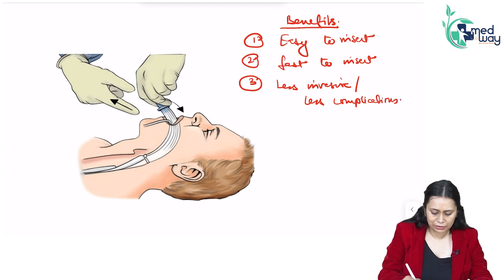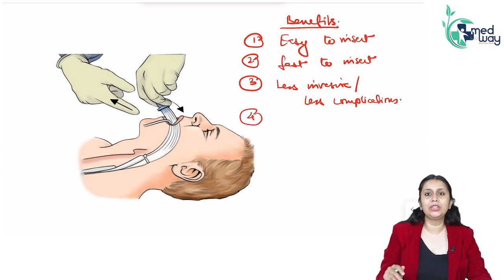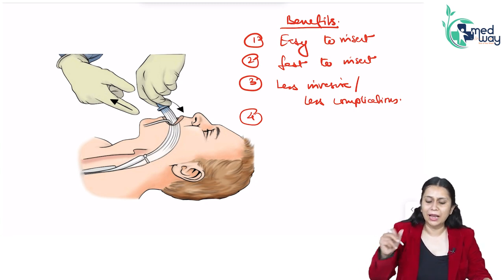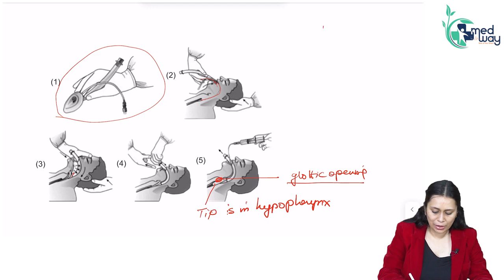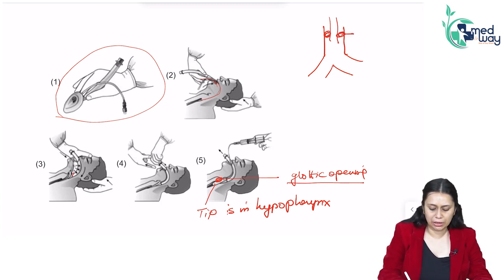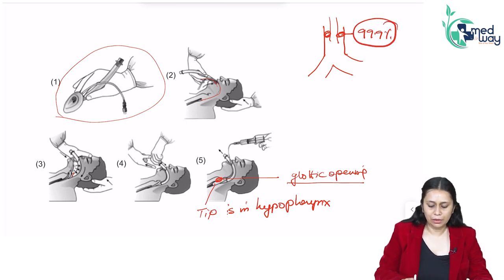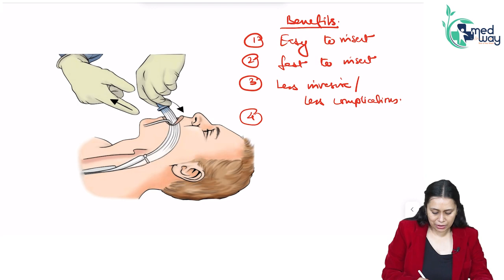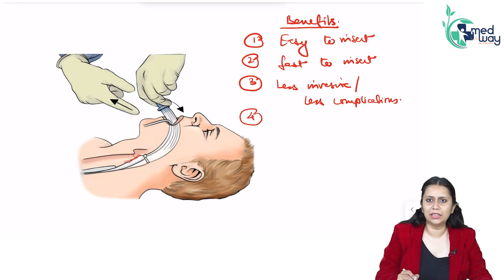Okay, all these are the benefits, but the major issue. When you put the tube, we all know the tube has a cuff. So when I am putting an endotracheal tube and the cuff is inflated, it creates a very good seal in the trachea, 99.9%, no risk of aspiration. But when you are putting this, it is also creating a seal over the glottic opening, but the seal is not strong enough to prevent aspiration.